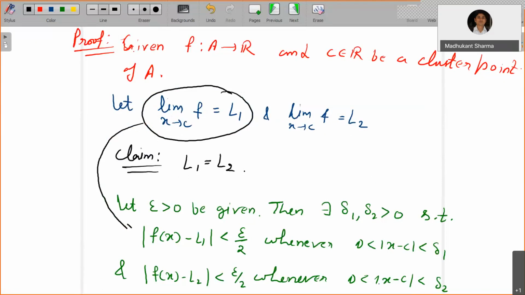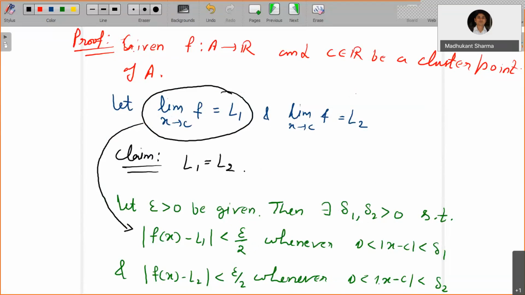Let epsilon bigger than 0 be given. Then there exists delta 1 greater than 0 such that mod of f of x minus L1 is less than epsilon by 2 whenever 0 is less than mod x minus c less than delta 1. Here we have created an artificial epsilon by 2. Instead of epsilon by 2, you can also work with epsilon, not a problem.